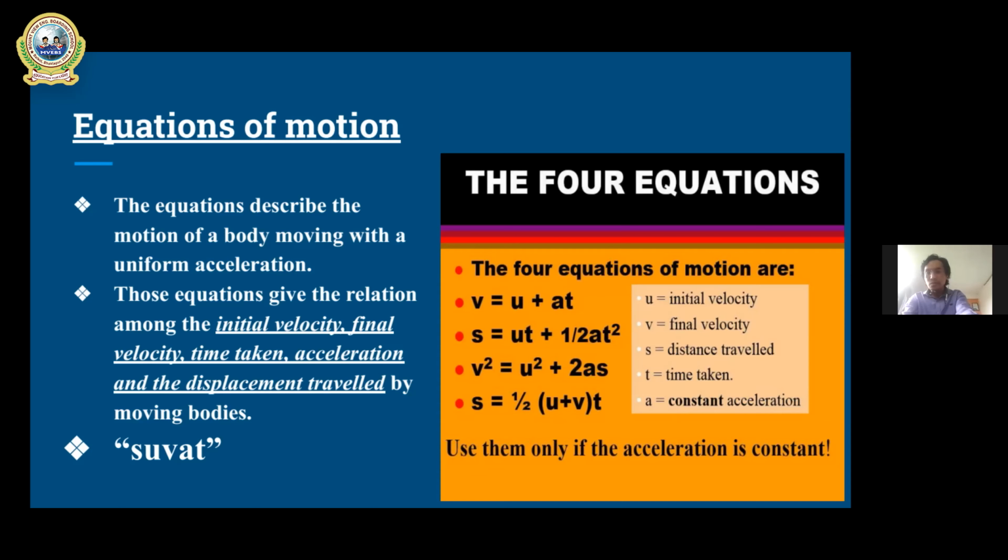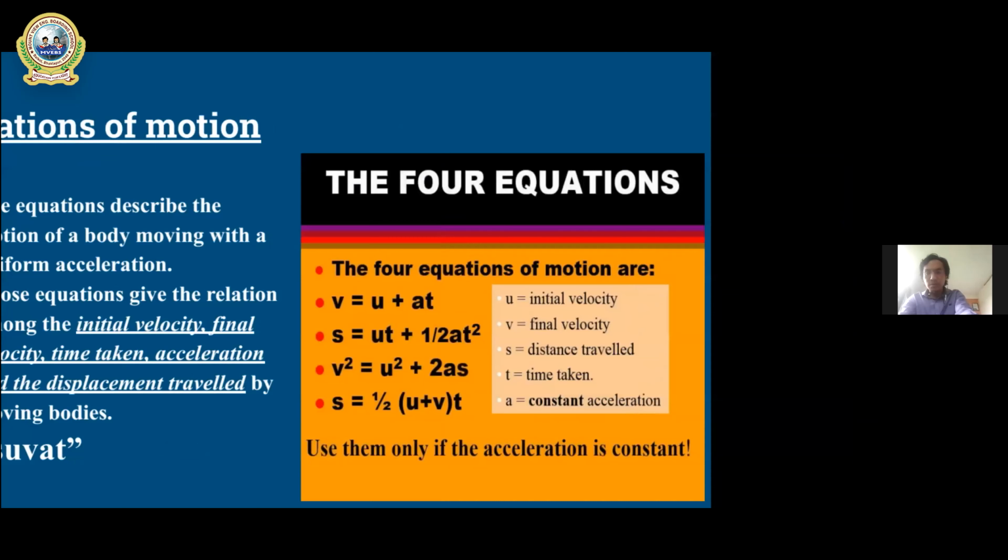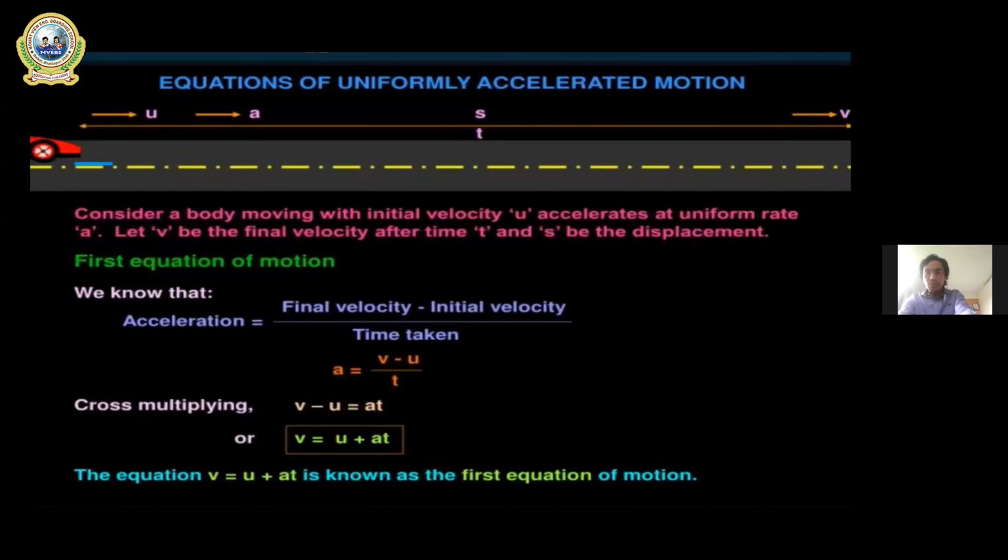Now let's derive the three equations of motion. The first equation of motion is v equals u plus at. Please start writing in your copy, class 9. The question is: prove v equals u plus at.